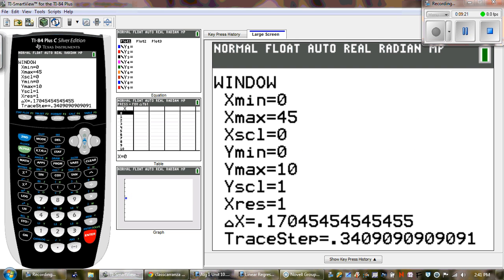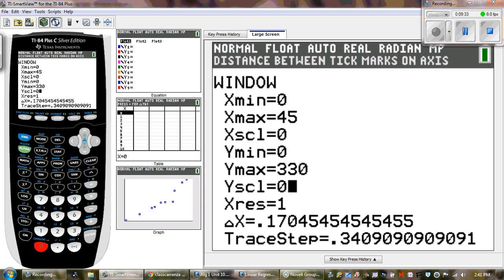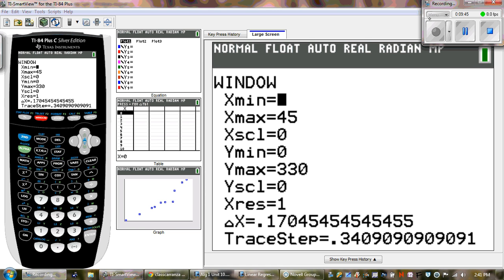For this one, I'm going to do 330, hit enter. My y scale is going to be 0. And then we don't mess with the x res. That stays the exact same. The rest of it, we're just going to leave it. Don't touch it. All right?